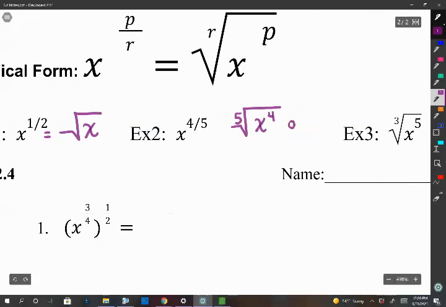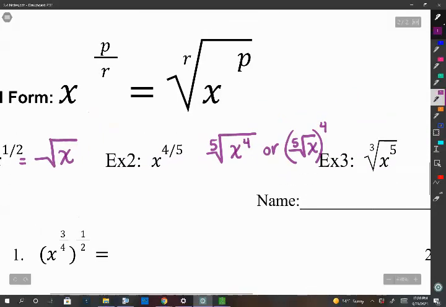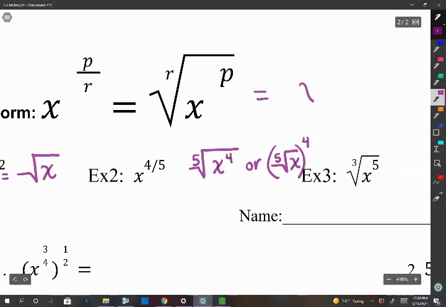Another way that you might see this is that you might see 5 on the shelf and then x underneath, and the whole entire thing being raised to the 4th power. These actually mean the same thing. So just be aware, I don't need to have the exponent on the inside. The exponent could technically be on the outside as well. So it could be like this, raised to a power.